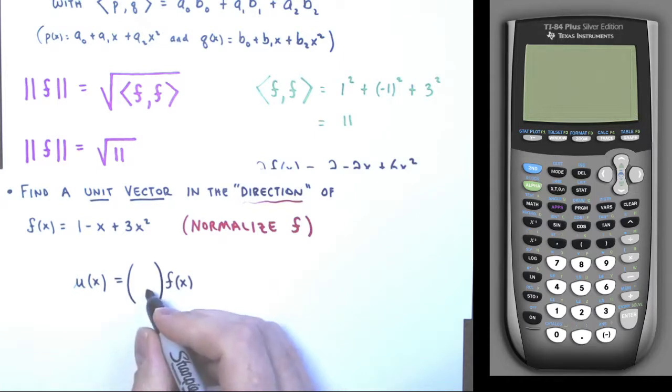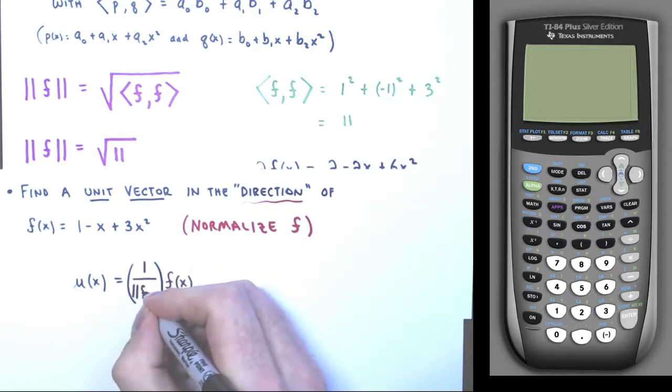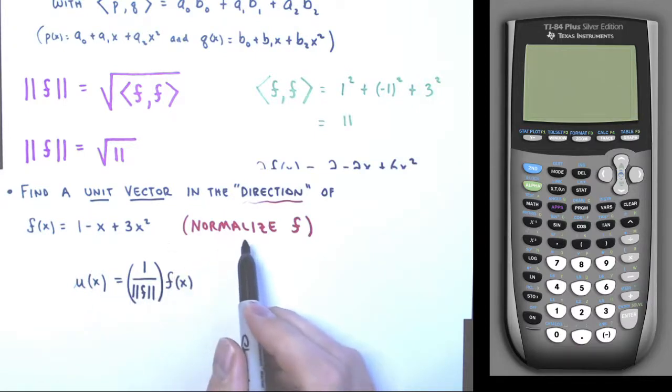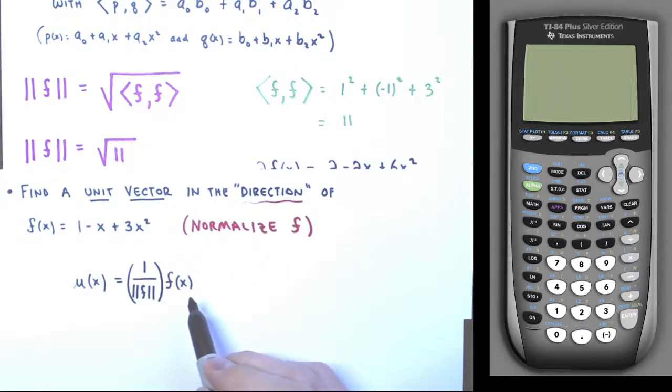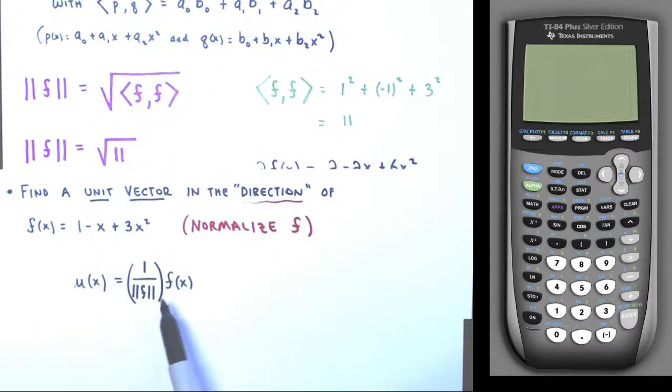And that scalar is simply the reciprocal of the norm of that vector. So I take f of x and I multiply by the reciprocal of the norm of f of x. This will be the normalization of f. A unit vector or a unit polynomial, under this inner product, that is in the same direction as f, meaning a positive scalar multiple of f.